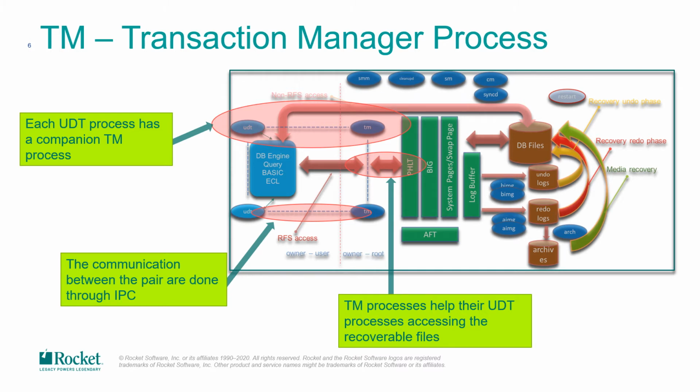If we look into the details of a full cycle of a request, the UDT process first sends a message to its TM. TM reads the message, then completes the request. Then it sends a message back to its UDT process. The UDT process reads the message, thus completing the request. This full cycle of a request contains 4 system calls.